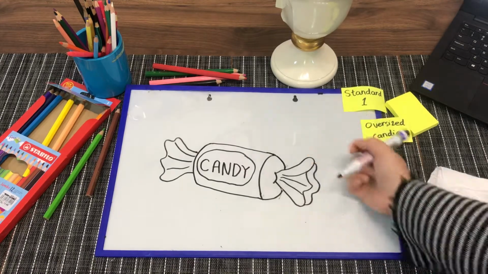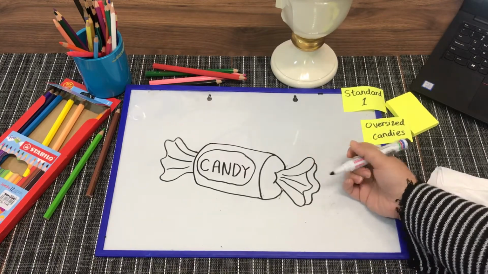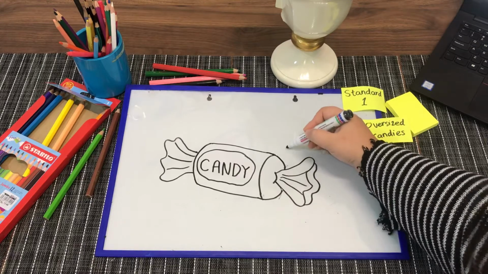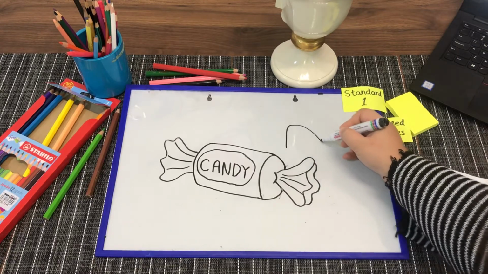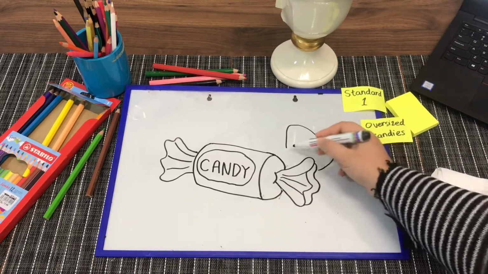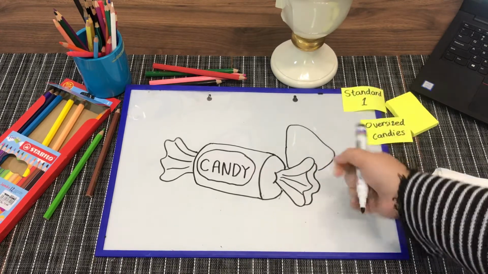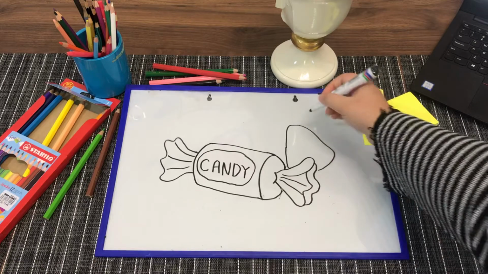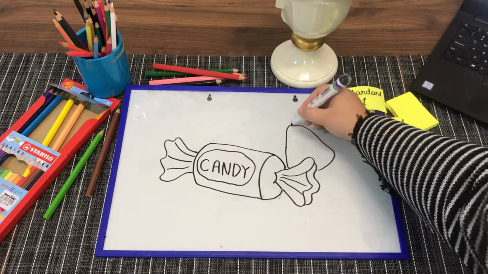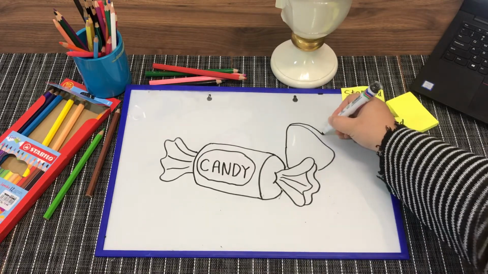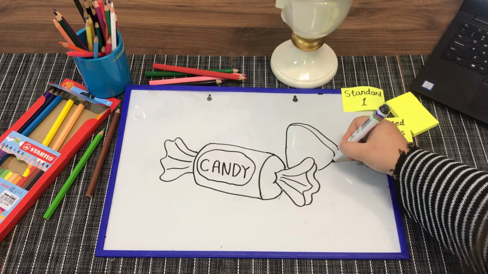Okay, let's say the next candy that I want to draw is a gummy candy. So I just draw a small gummy candy over here behind the first one. Okay, if you want to make it look 3D, give it an extra shape at the back.